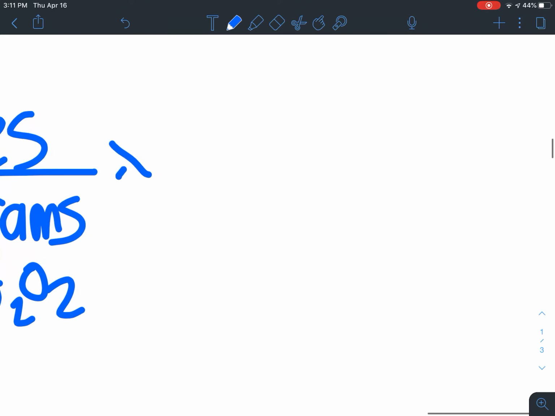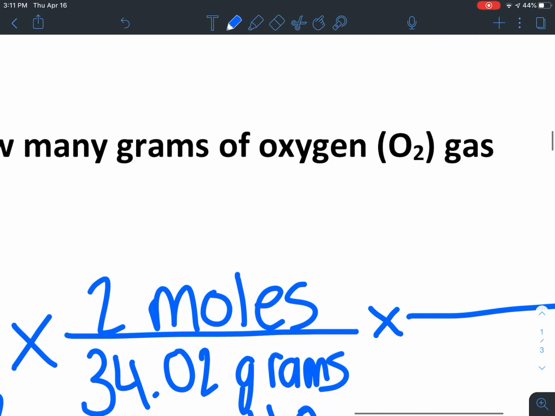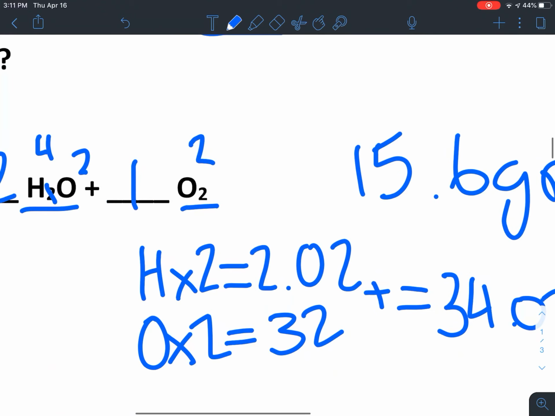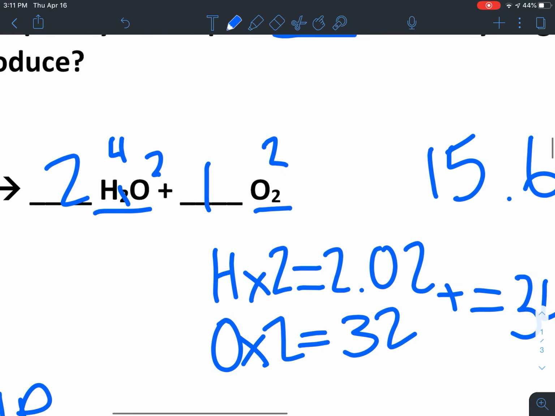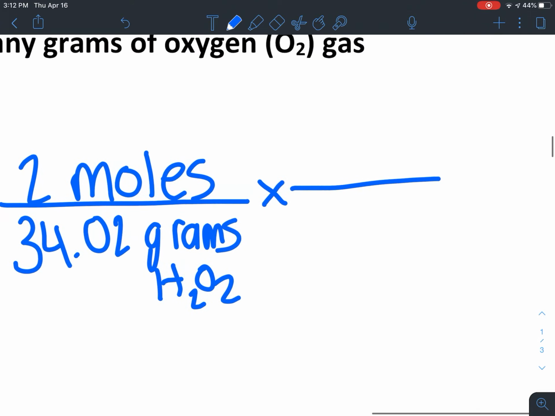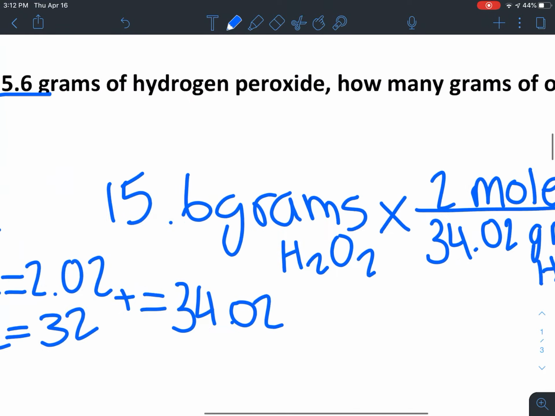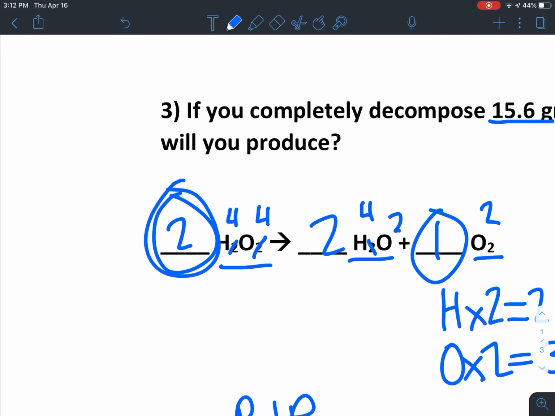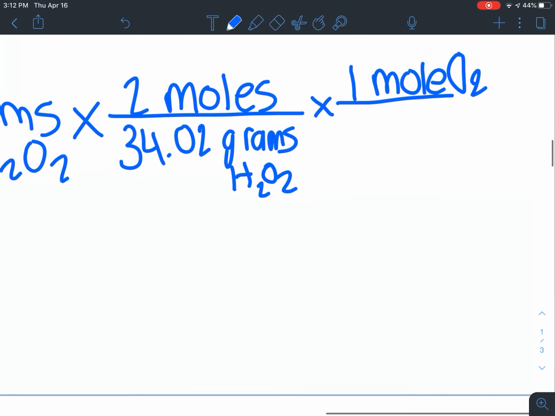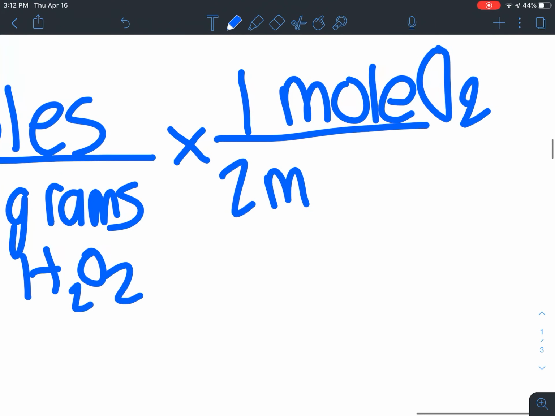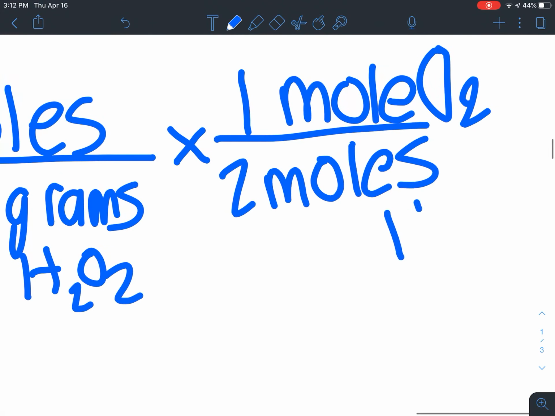Now, for the next step, we have to find O2 moles. So right here, showing that there's only going to be 1 mole, we have to go 1 mole O2, and then there are 2 moles right here. So 2 moles of H2O2.